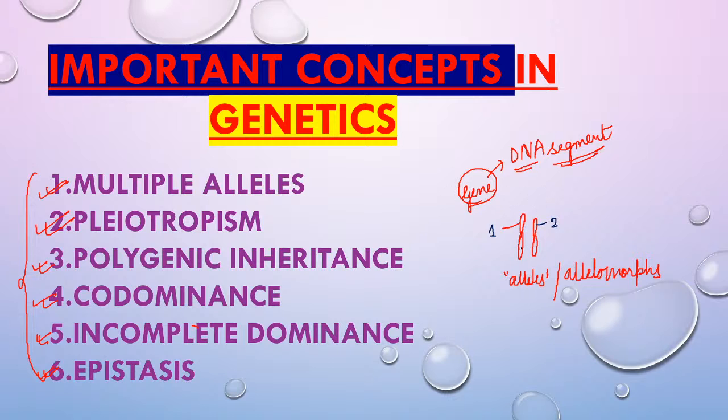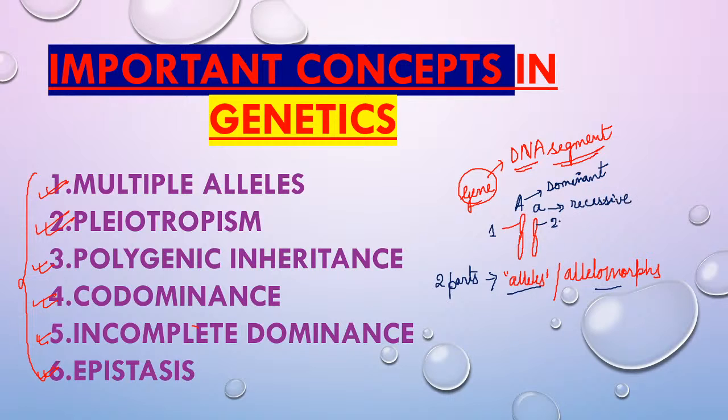So a gene is made up of two parts, which are known as two different alternative parts. These are known as alleles or allelomorphs, and suppose we name this one capital A and another small a. Then the first one is said to be the dominant allele, whereas the other is the recessive allele, right?